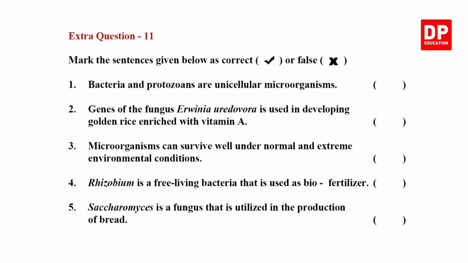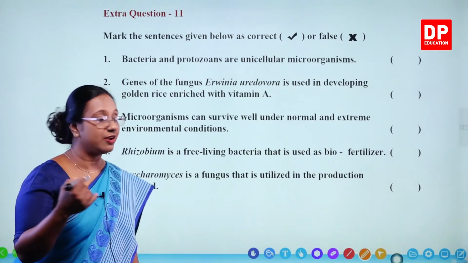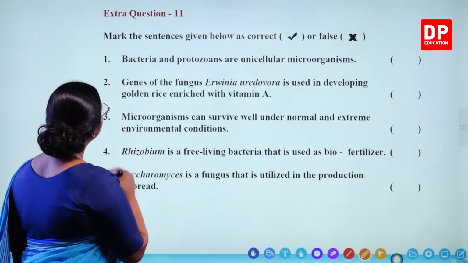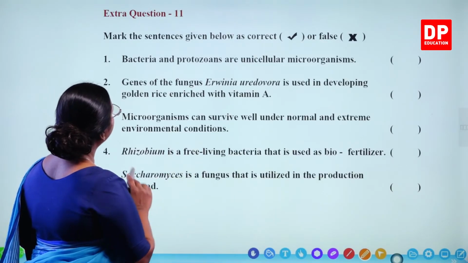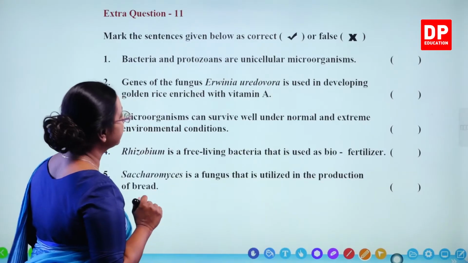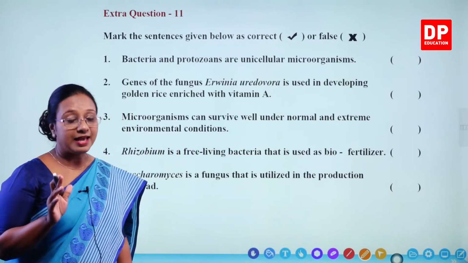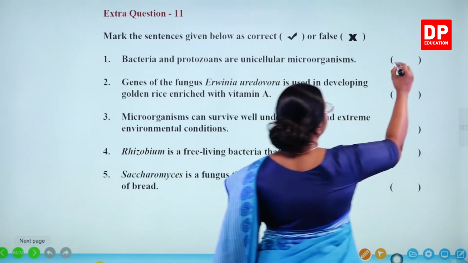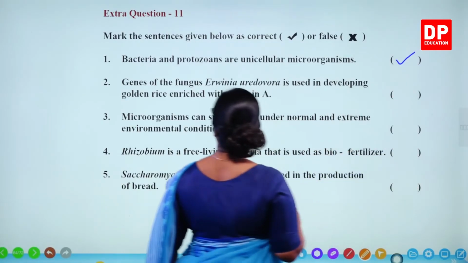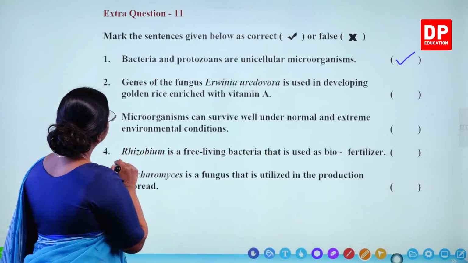Extra question 11. Mark the sentences given below as correct or false. So you have to put a tick if it's correct and wrong if it's false. So the first one. Bacteria and protozoans are unicellular microorganisms. That's correct. Both are microorganisms and they are both unicellular. Second one.